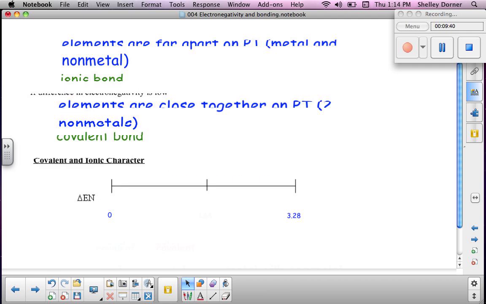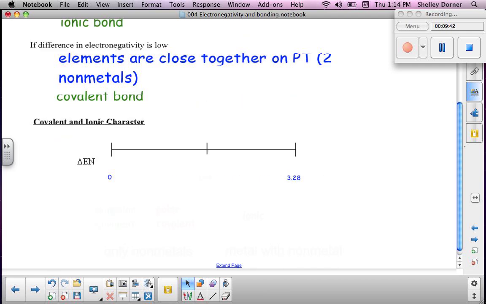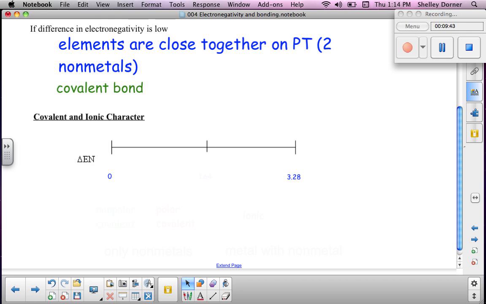The other thing you can see now is that bonding is not a black and white situation. The characteristics of a bond depend upon the difference in electronegativity between the elements involved.